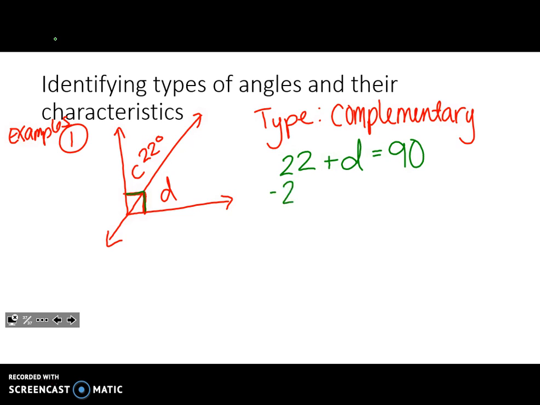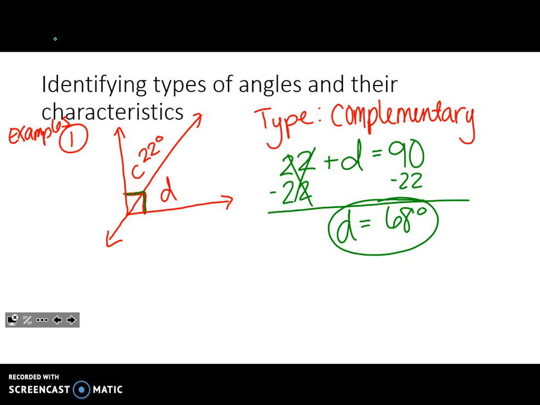So guys, these are just very, very tiny one-step problems. There's going to be a lot of solving equations in this unit, so you have to get used to solving equations again. So angle D would be 68 degrees. And you could check your math real quick. Just pick up your calculator and type in 22 plus 68, and it should equal 90.